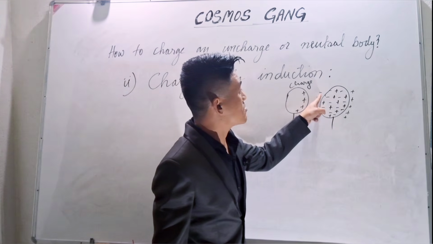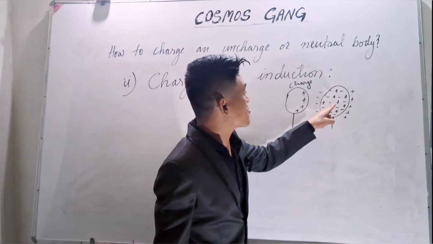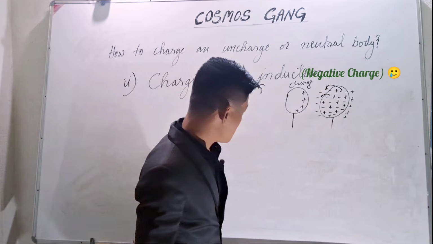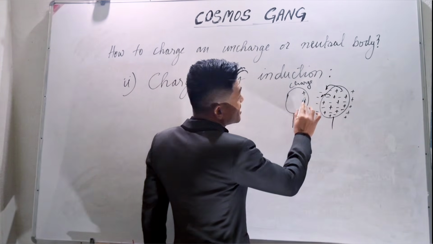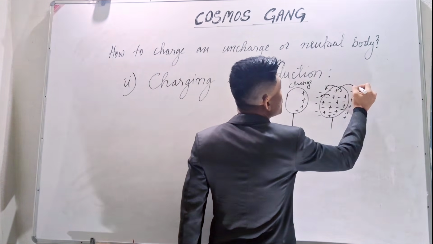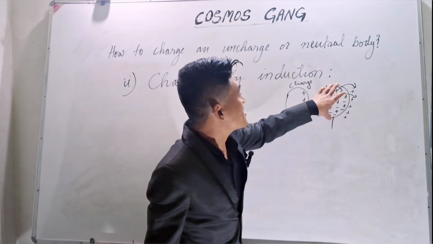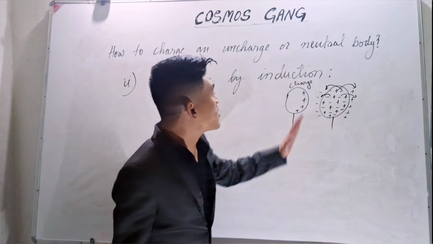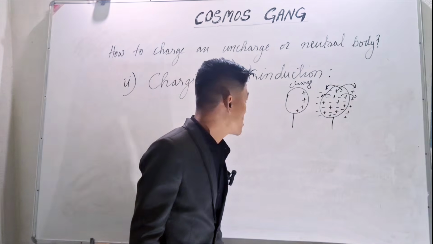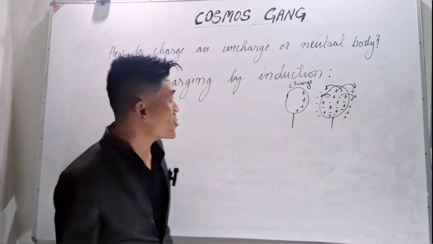Since negative charges are opposite to positive charges, they will attract one another, and the negative charges will try to move towards the positive charge, whereas the positive charges here, which are like charges, will get repelled and go to the opposite side, which gives us a dipole in this neutral body where one side is negatively charged and the other side is positively charged. So this is how a neutral body is being charged by the method of induction.